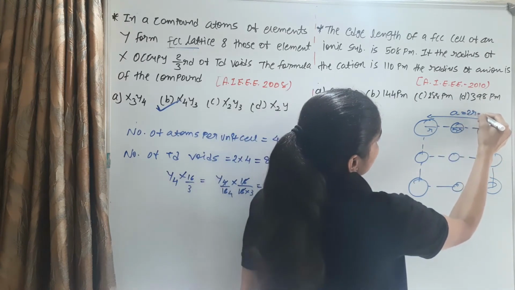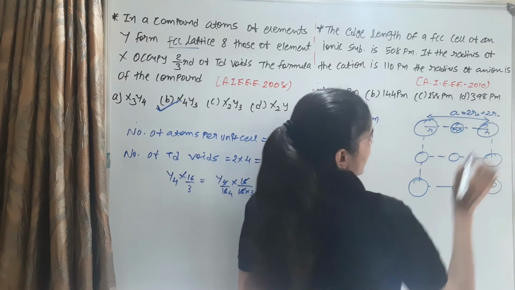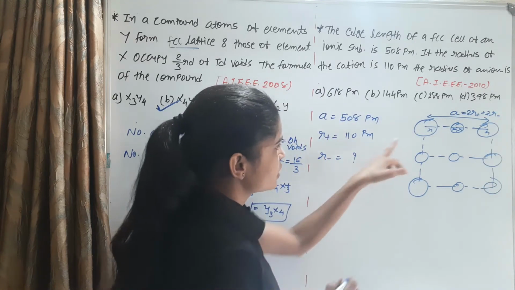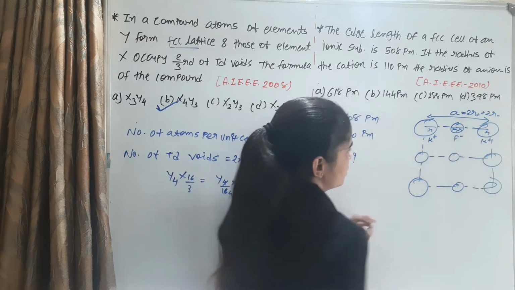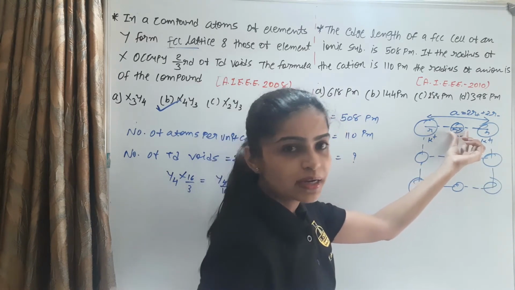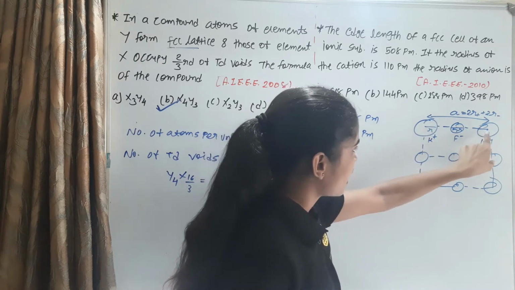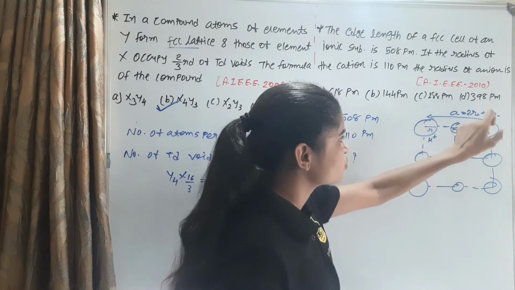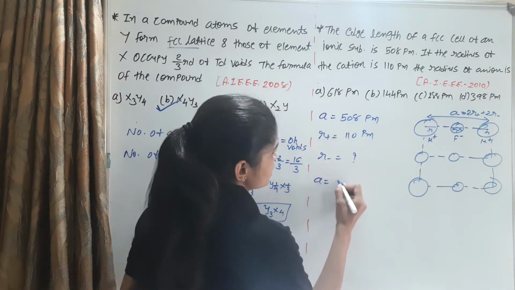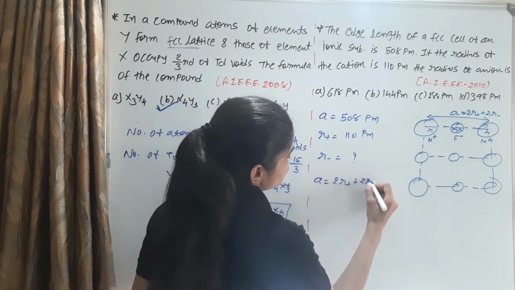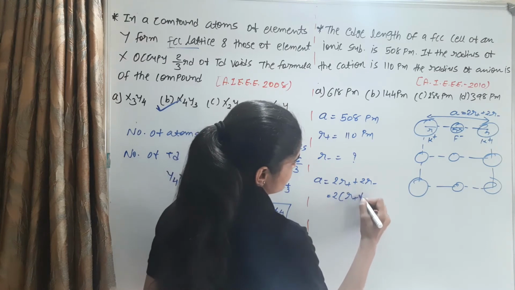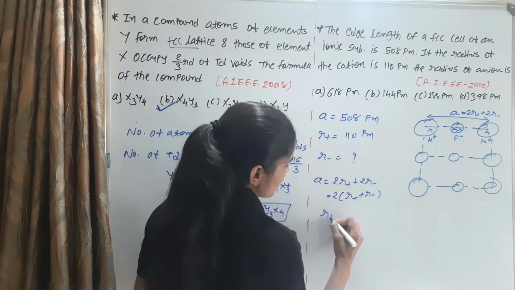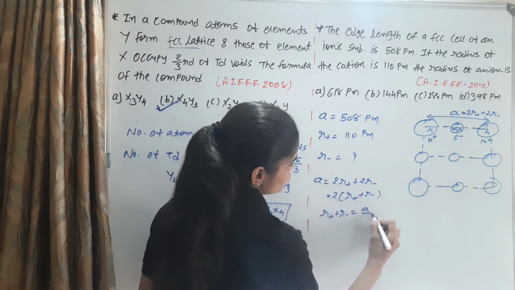A is equal to 2R plus and 2R minus, because this is considered as K plus, F minus and K plus. So this value is 2R minus, and this is R plus and R plus, so this total is 2R plus. So A is equal to 2R plus plus 2R minus. Taking 2 common, R plus plus R minus is equal to A by 2.